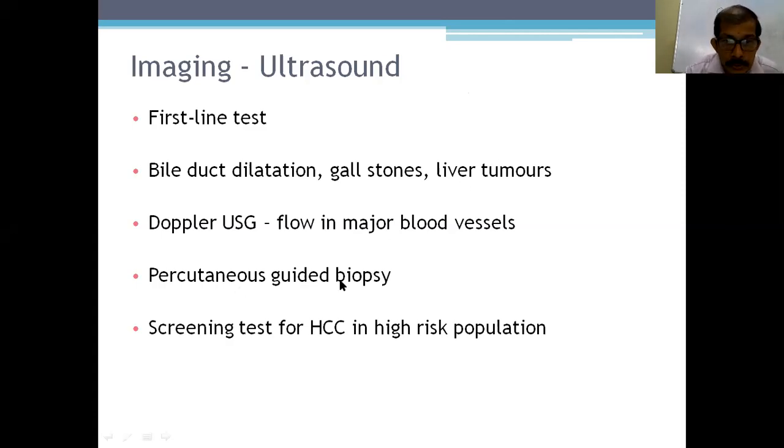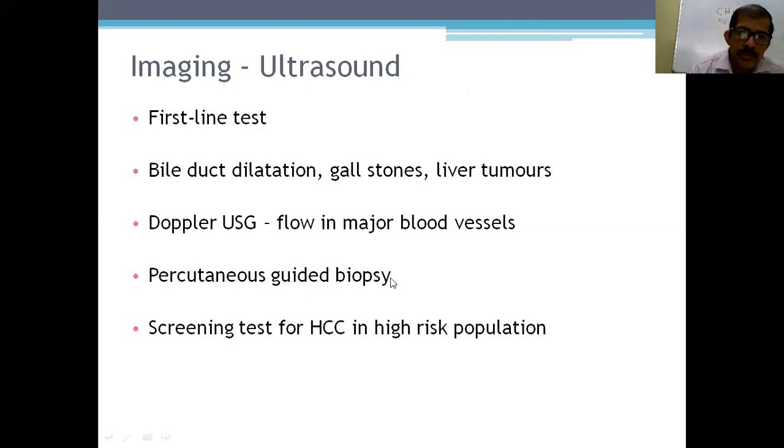So you can do it, but with a lot of precautions. The absolute contraindication, already I told you, is bleeding diathesis. You should not do it in cases of bleeding diathesis, because once you poke, the patient may bleed to death.